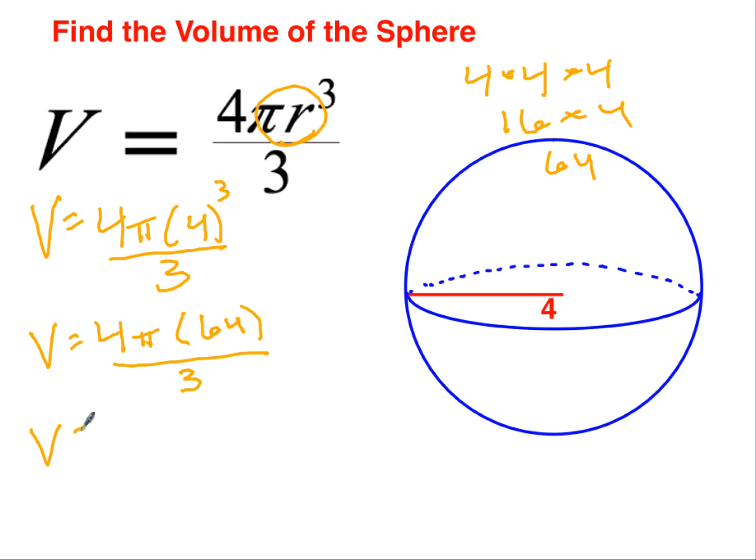I can now even expand that further, so I can do 4 times 64. This is where a calculator is a nice thing to have. And I get 256 pi over 3. And now I can do 256 times 3.14 to get 803.84.